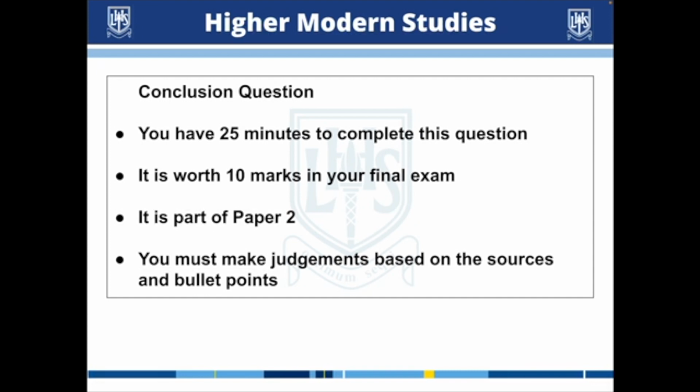If I gave you a map and said, tell me a link between Falkirk and Scotland, and you just say Falkirk's in Scotland, that's not a conclusion. That's just description. A conclusion would be something along the lines of, Falkirk is in central Scotland. You're taking the information you have and adding value. That is the key skill of these questions.